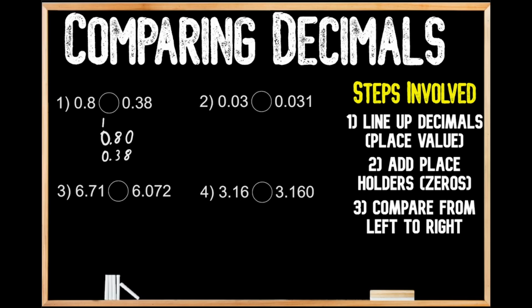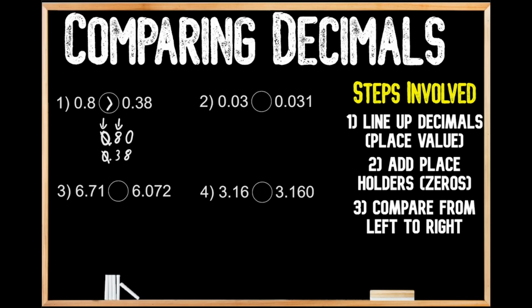Our furthest left number is our ones place, and both of these numbers have a value of 0. So we move from left to right and compare the numbers in our tenths place. Here, 8 is greater than 3, so we know that 8/10ths is greater than 38/100ths.